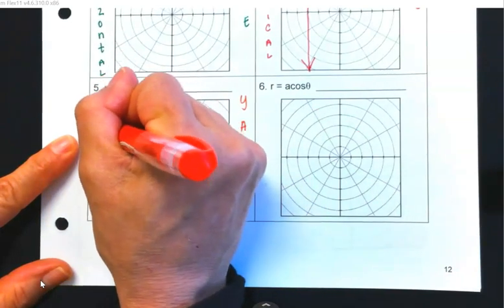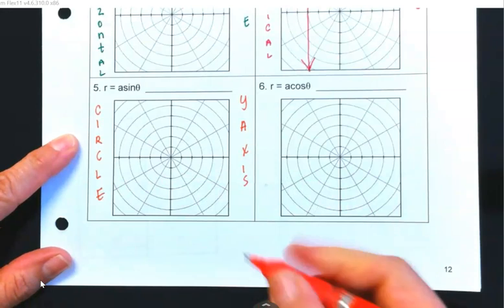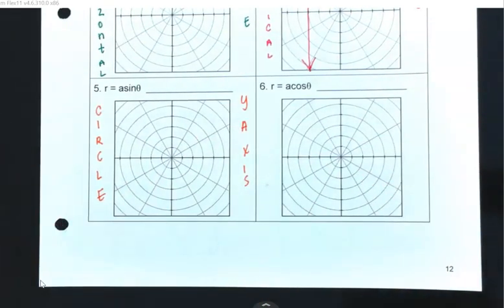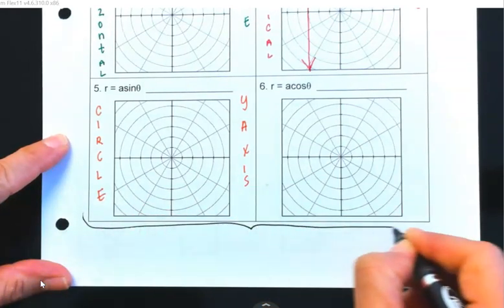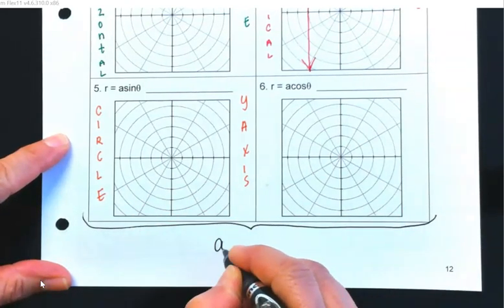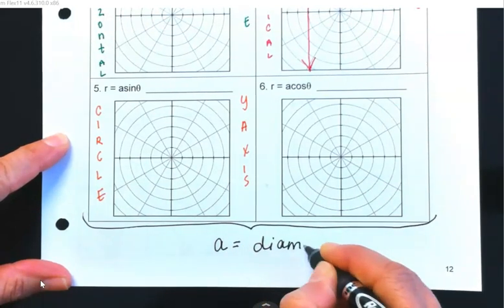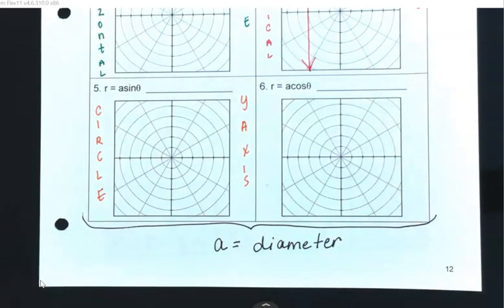So it's still going to be a circle. The a value, and actually I'm going to write the a value down here for both of these two because it's for both of them. The a value is the diameter. I think this is the first time we've ever really talked about diameter in pre-cal.